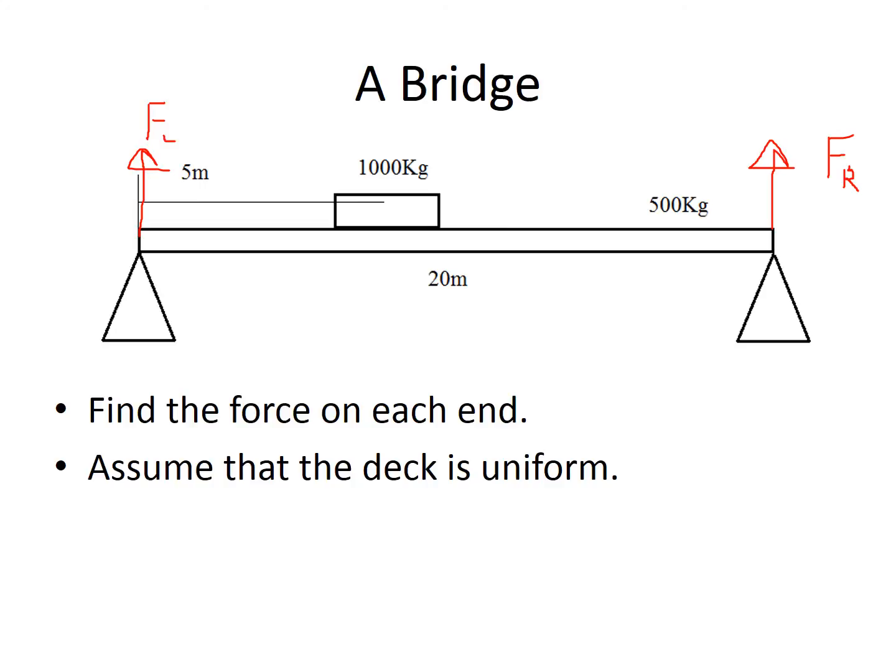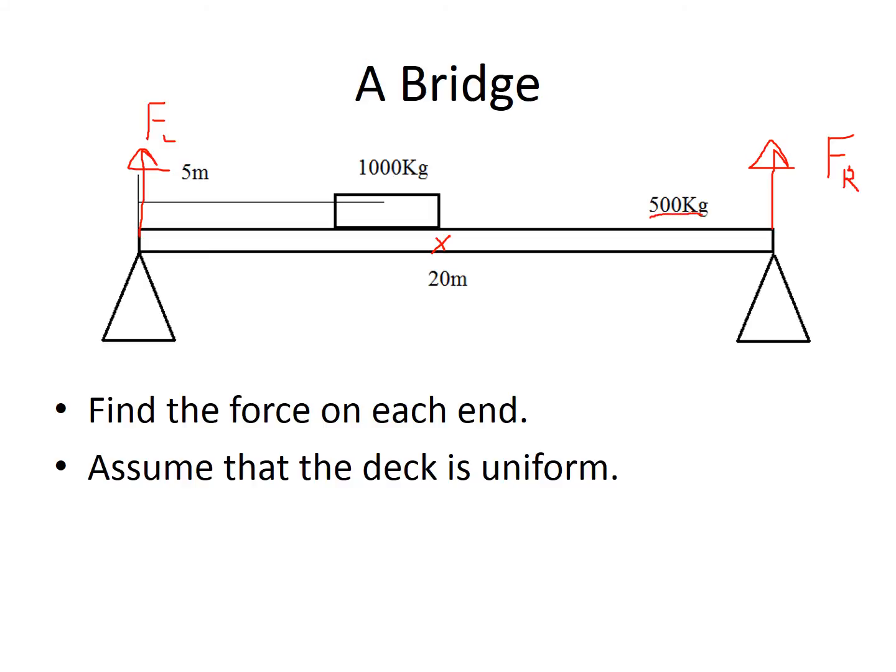We have a 1,000-kilogram car going across the bridge. At this point, it is 5 meters from the left end. The bridge is uniform and 20 meters long, so the mass of the bridge is going to act like it is at the geometric center of the bridge, and the mass of the bridge is 500 kilograms.